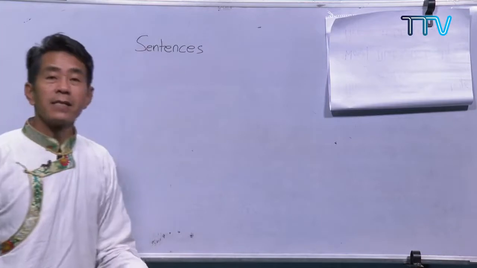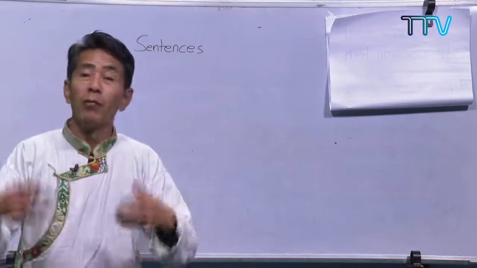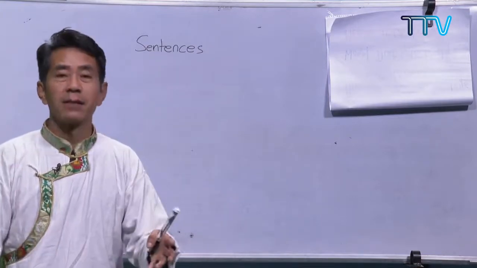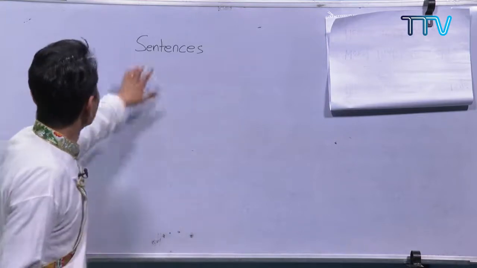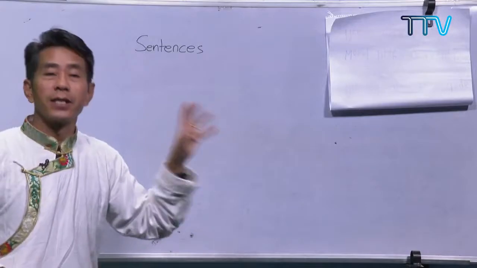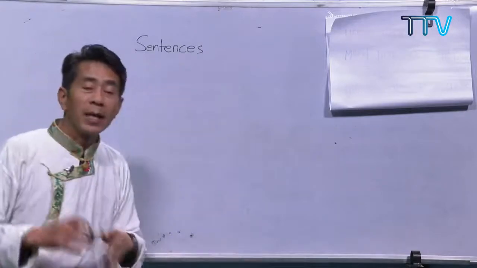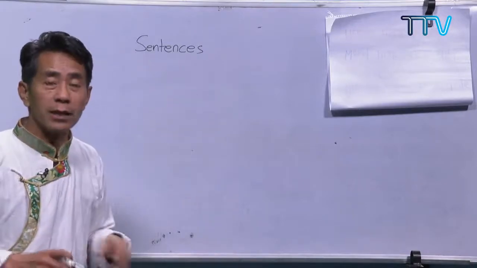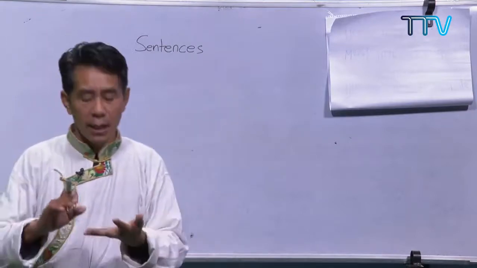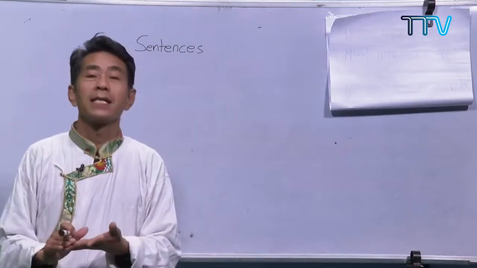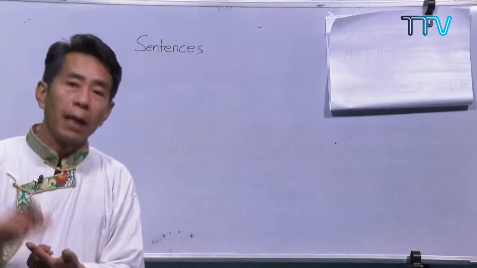What is a sentence? A sentence is a group of words which makes complete sense. According to the structure, there are four types of sentences: simple sentence, compound sentence, complex sentence, and compound-complex sentence.